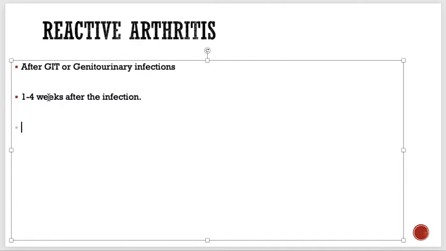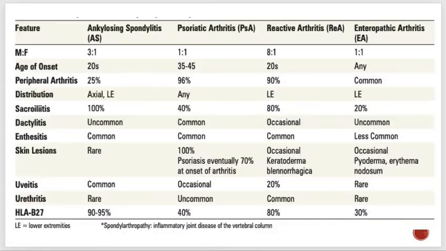After this infection, they started developing this arthritis, and it can last from weeks to years. When we further investigate them, reactive arthritis is very, very common in males, 8:1. And they have a strong association with HLA-B27.